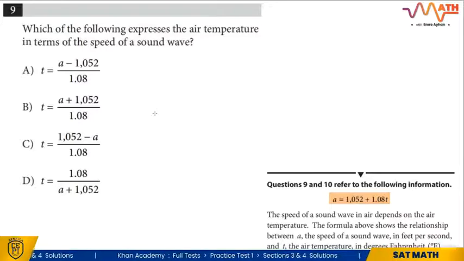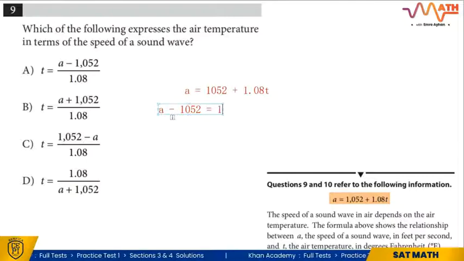So we have to isolate T here. A is equal to 1052 plus 1.8T. Let's first send 1052 to the other side. So A minus 1052 will be equal to 1.8T.